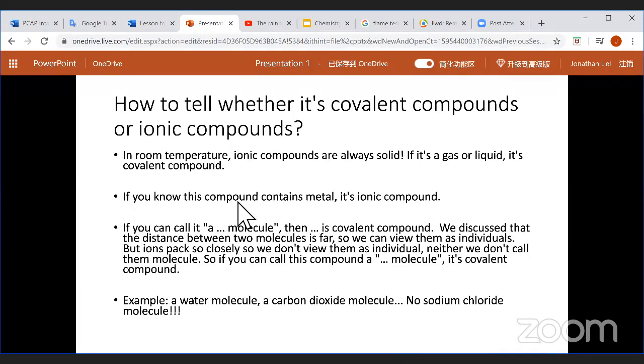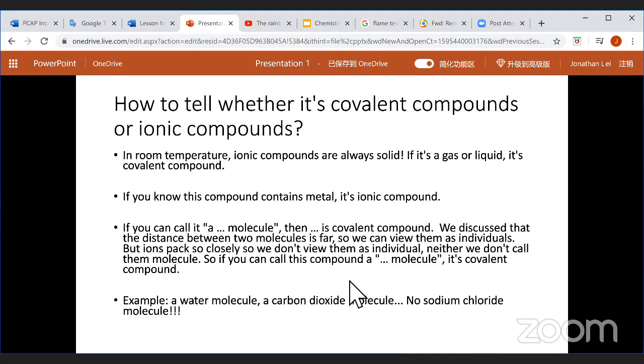Secondly, if you know the compound contains metal, it's an ionic compound. And the third thing, if you can call it a blah blah blah molecule, then it is a covalent compound. We discussed that the distance between two molecules is far, so we can view them as individuals.